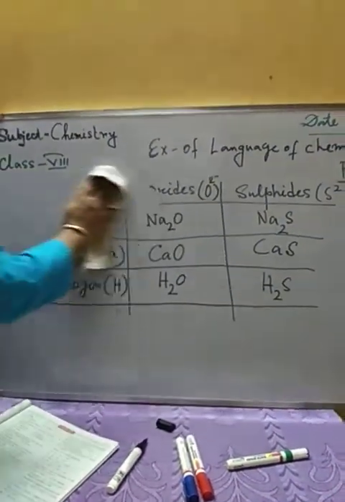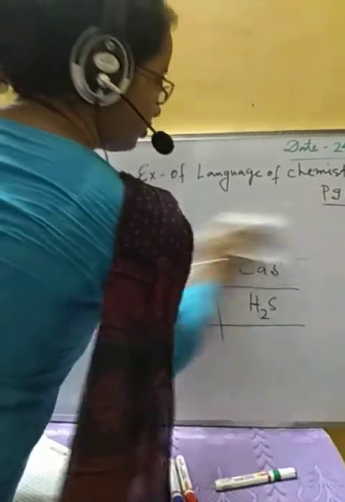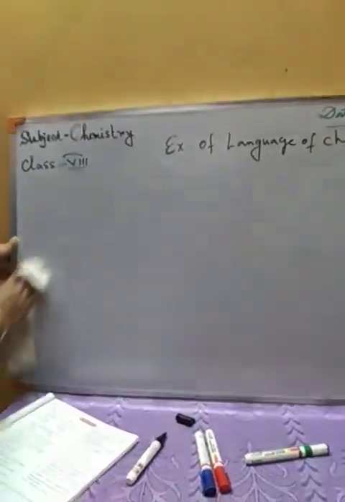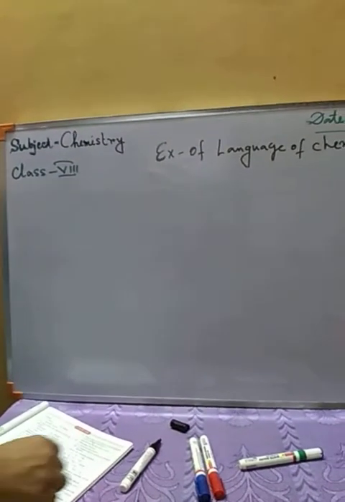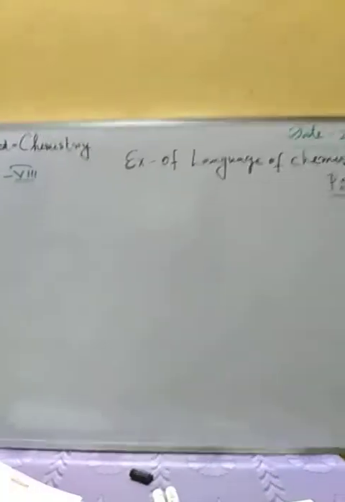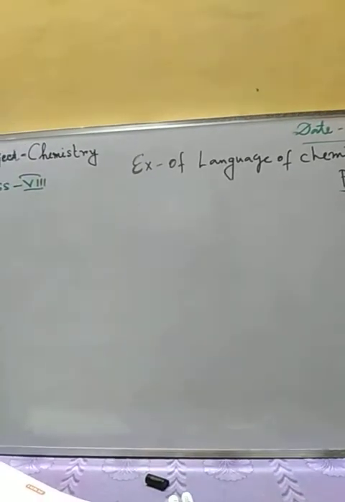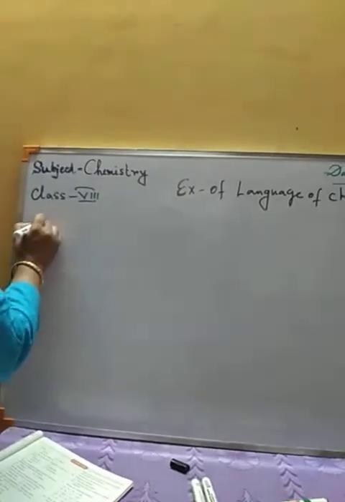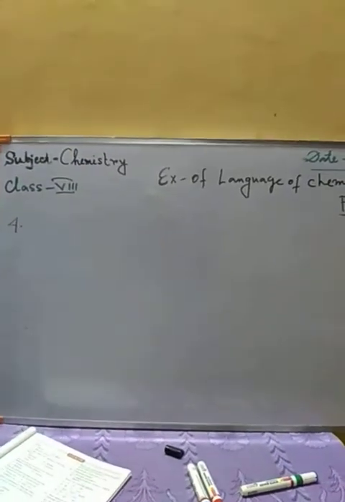Next, question number 4. What is the question? Here we have to write the molecular formula for the following compounds, and we have to name the elements present in it. Okay, so here again we are making the table.